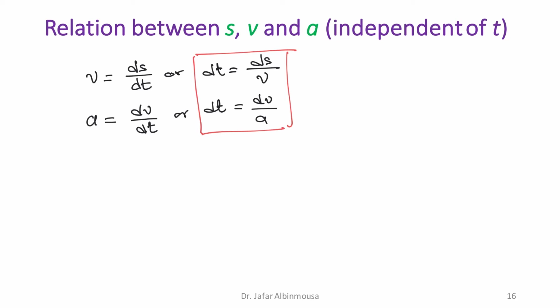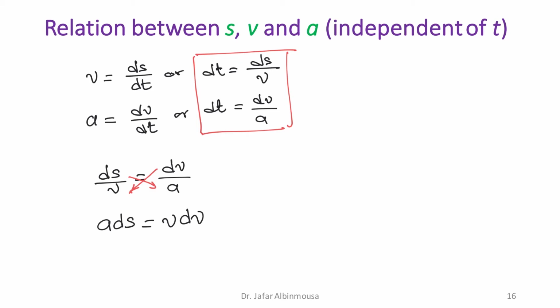Now clearly these two relations represent time, so we can say that they are equal. So ds over v is equal to dv over a. And now if we do a cross multiplication, then we are going to get a ds equals v dv.